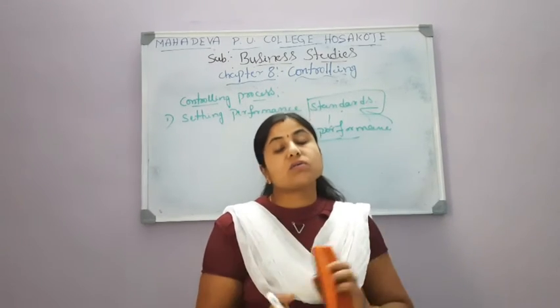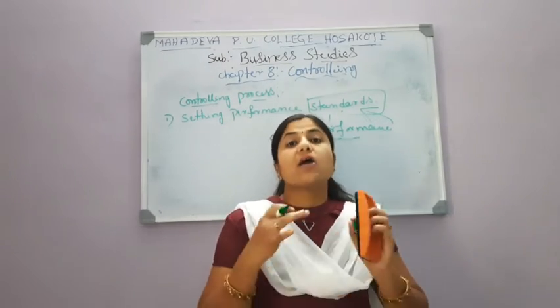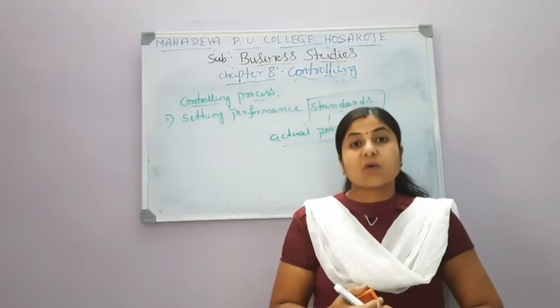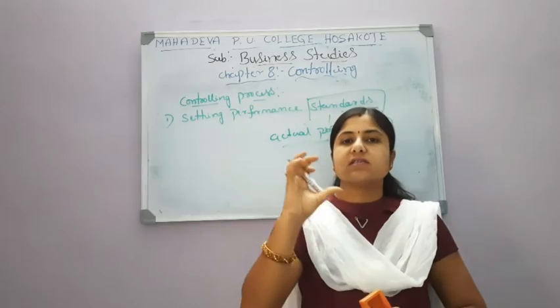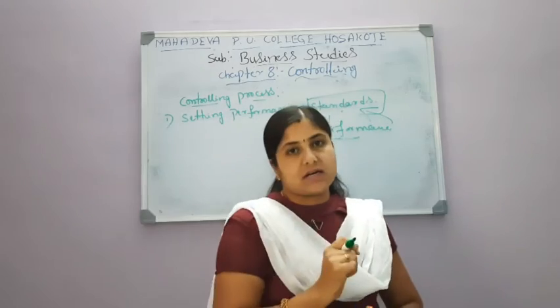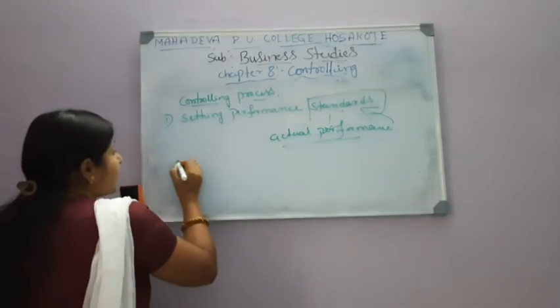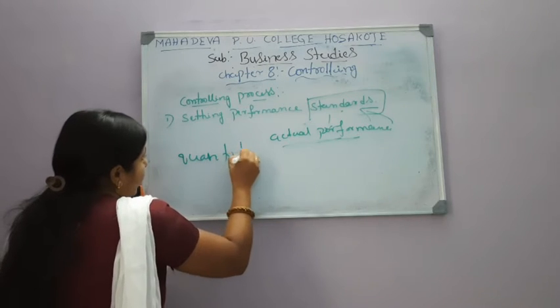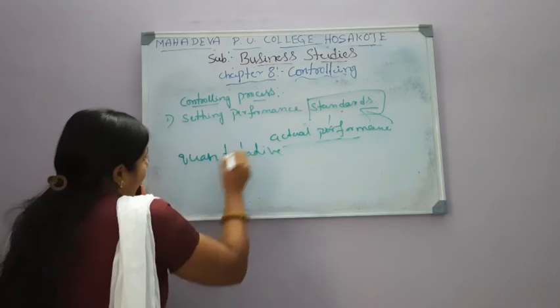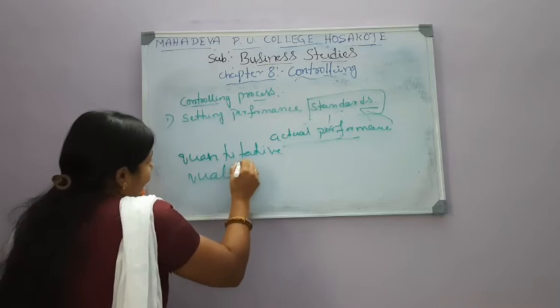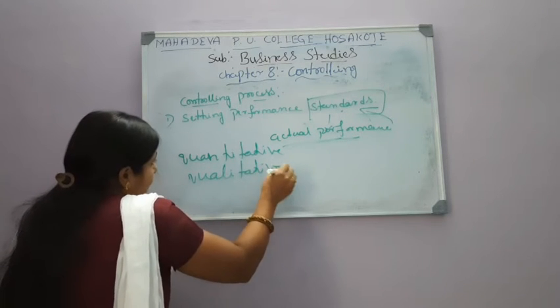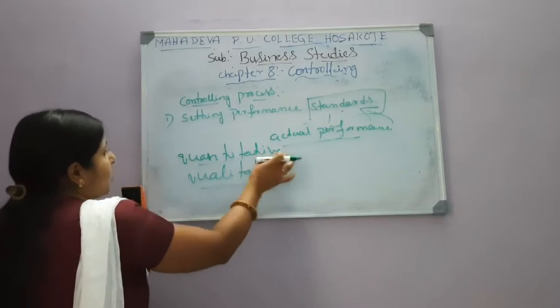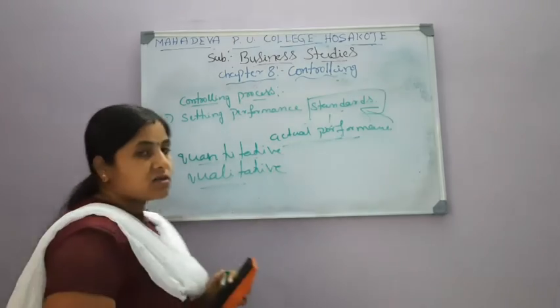These are considered quantitative standards, and it is possible to measure them. Clear? Standards can be set as both quantitative and qualitative standards.